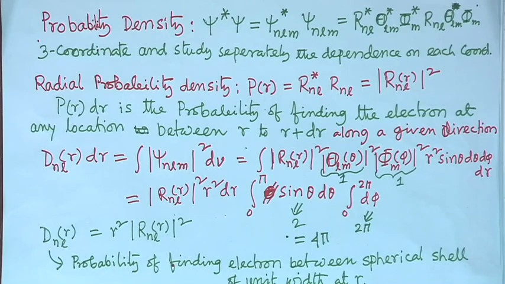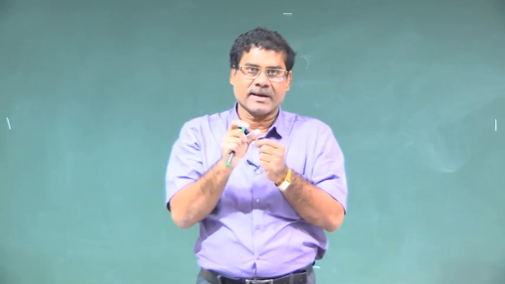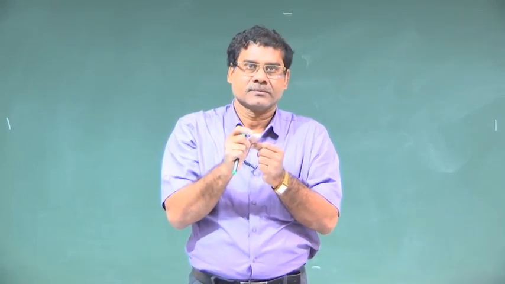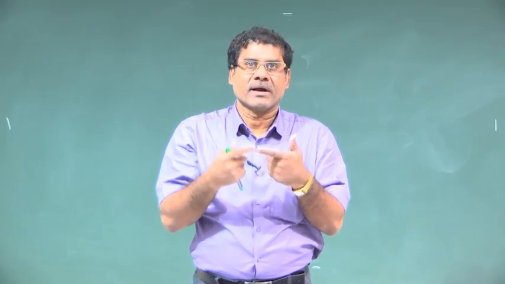So, this is the probability to find the electron in a spherical shell of radius r and r plus dr. So, between these two spherical shells, what is the probability to find the electron?